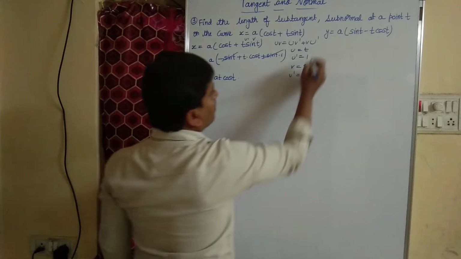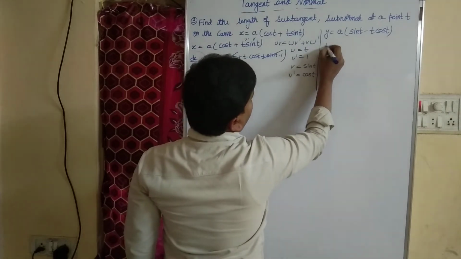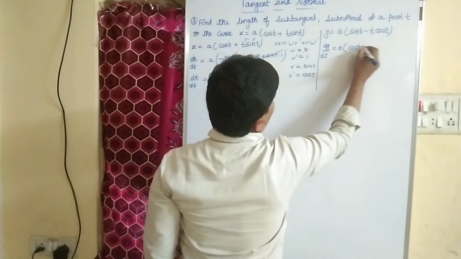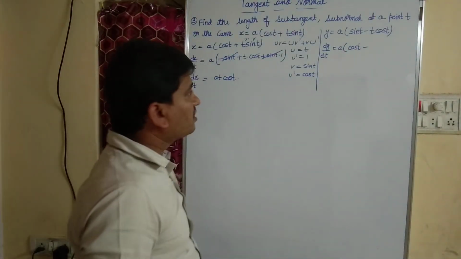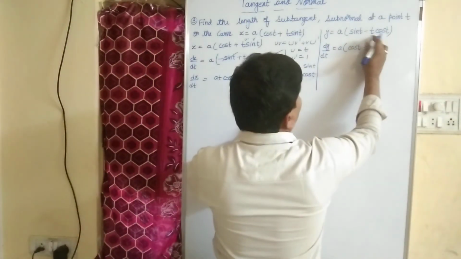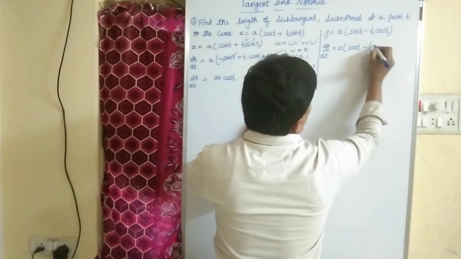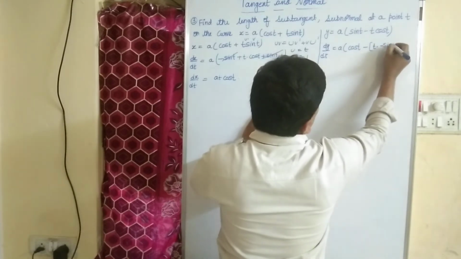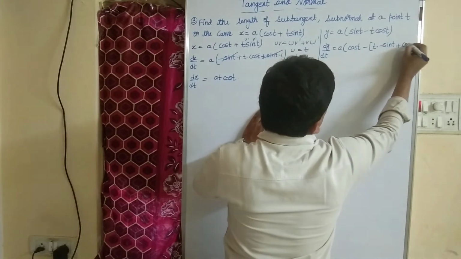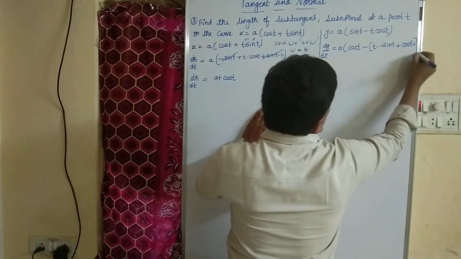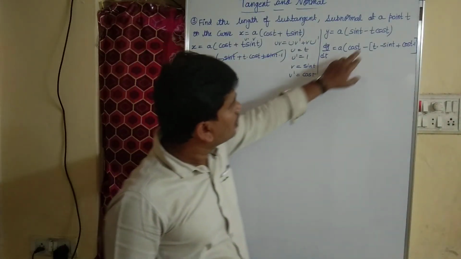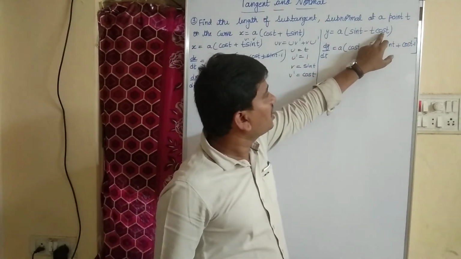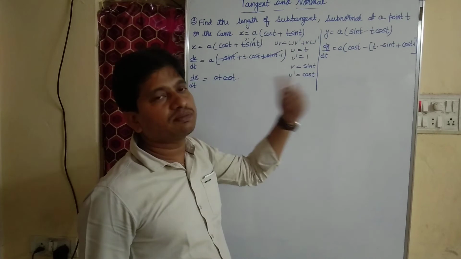Now let us find dy by dt. So dy by dt equal to a constant, sin t derivative cos t, minus, again which is in the form of uv. u v dash, t into cos t derivative minus sin t, plus v u dash, v means cos t and t derivative 1. Here u is t, u dash is 1. v is cos t, derivative is minus sin t.